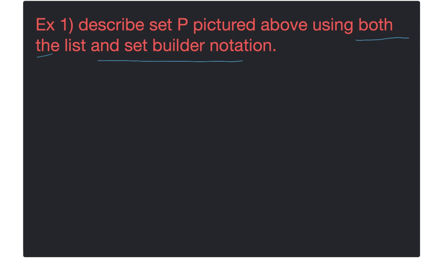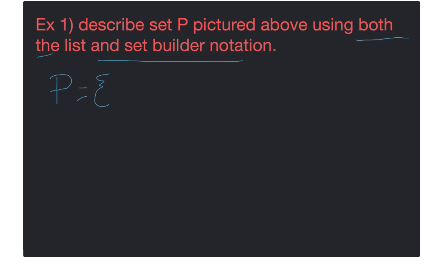A list is simple, so let's make a set of just a list of the stuff that's at the top of page 2 in your book. So we're going to put P, because it's phone accessories, equals a bracket, and let's take a look at what's pictured on this page.